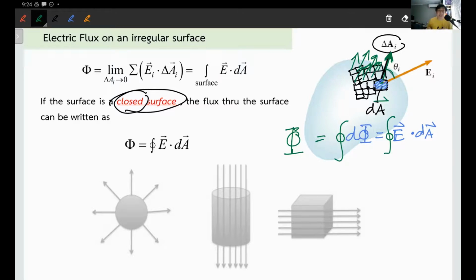If the net is negative, it means within that closed surface there will be a net electric field going into it. If the net flux is zero, it means there are no net electric field lines going through that surface. It doesn't mean there are no electric field lines. There are electric field lines, but the net is zero, in equals out.